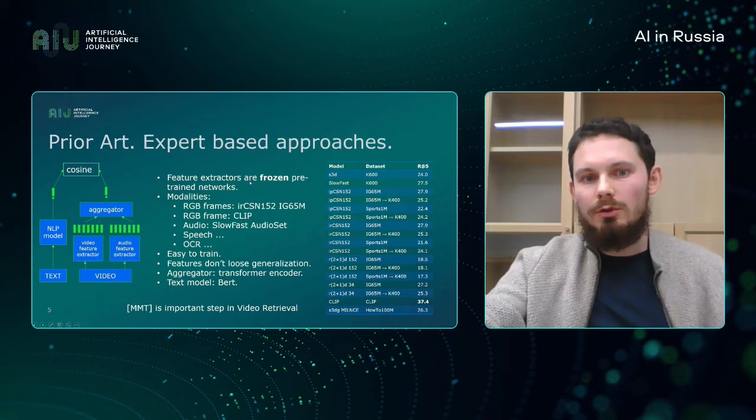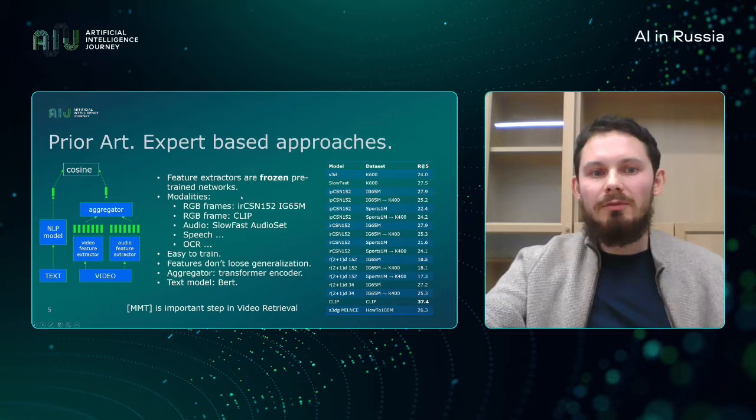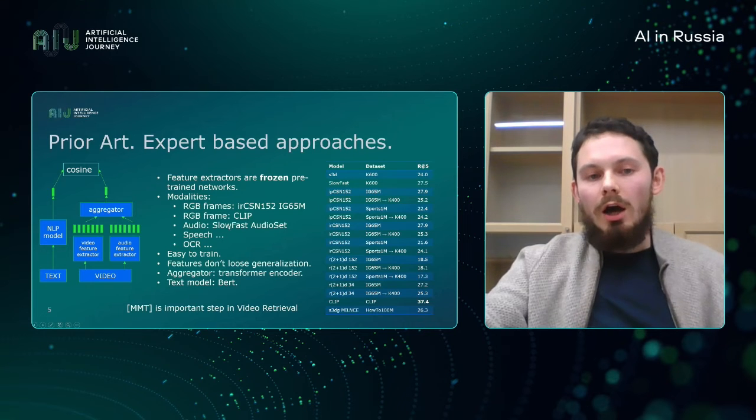We also have a 3D convolutional network, which can process 3D videos. We can get frames from the video and have them analyzed by different independent neural networks. We can also analyze audio by using SlowFast. We can extract speech from sound.